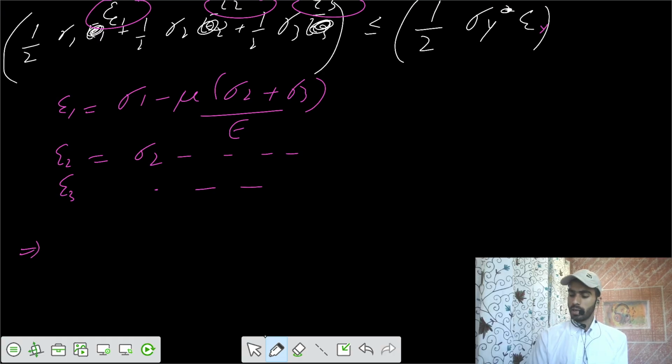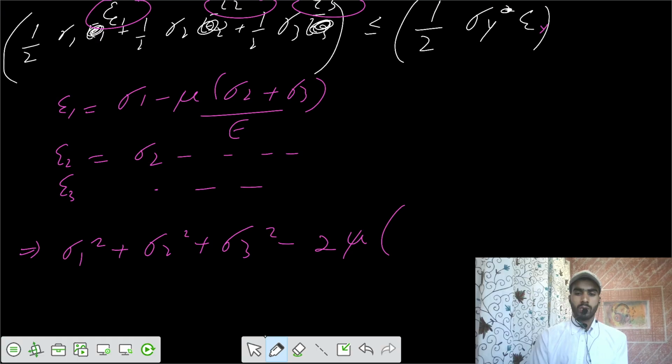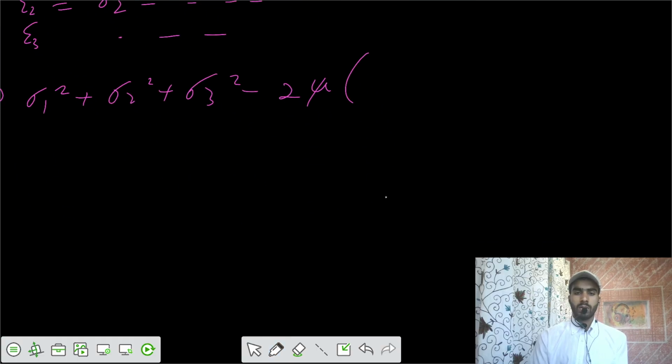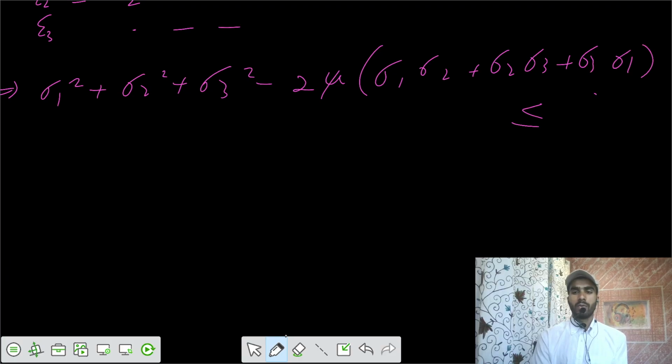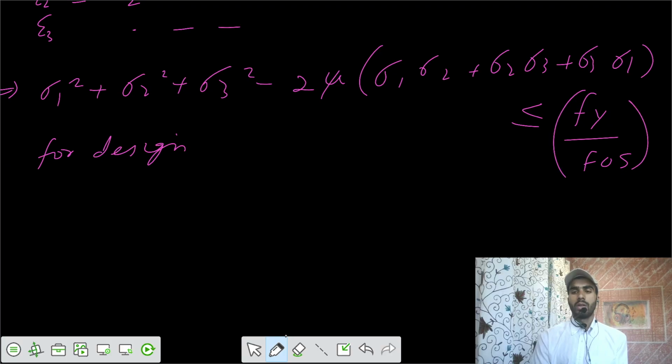We can get finally, we write that sigma 1 square plus sigma 2 square plus sigma 3 square minus 2 mu times sigma 1 sigma 2 plus sigma 2 sigma 3 plus sigma 3 sigma 1. That should be less than or equal to Fy by, we directly say for design purpose you apply a factor of safety, and you take the square of both.